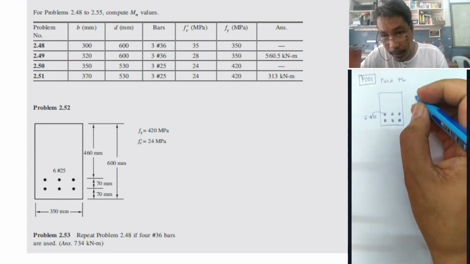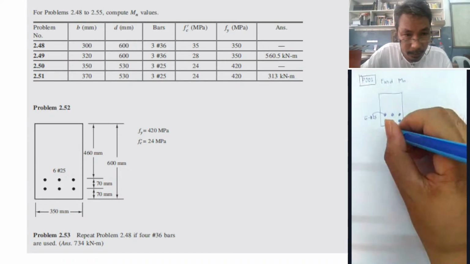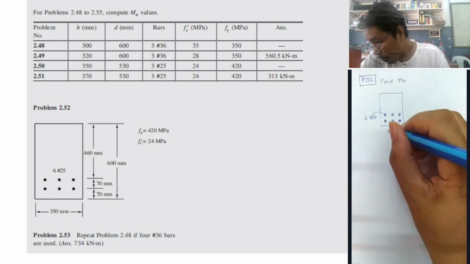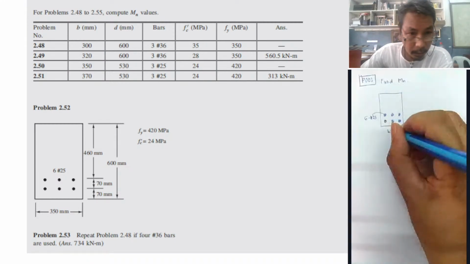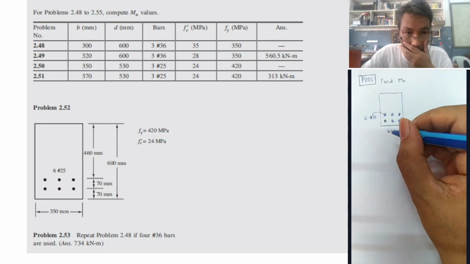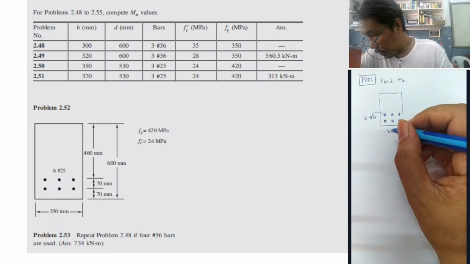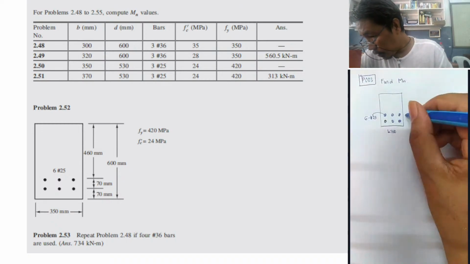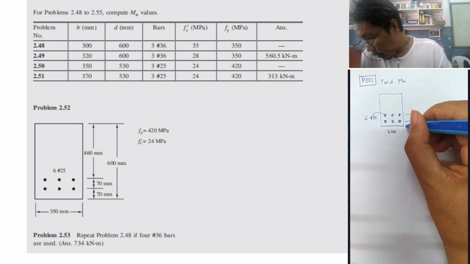And we have B 350. And we have this dimension from this point to this point to this point to this point.